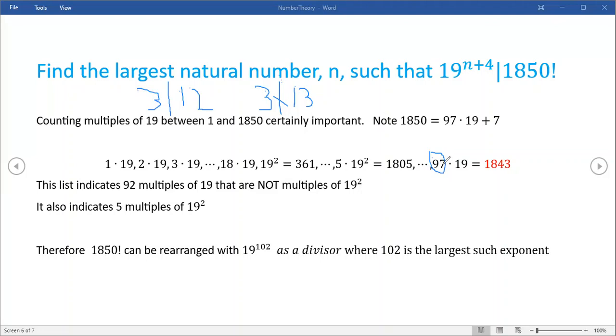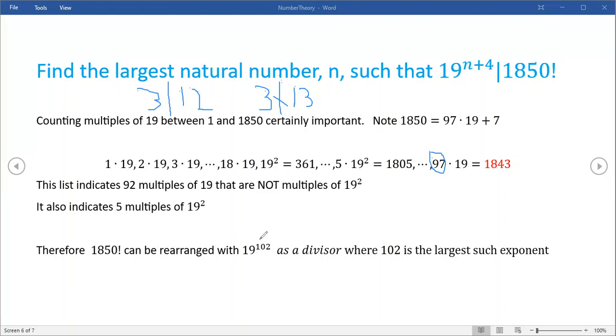You see, there are 97 multiples of 19 here, but 5 of them are multiples of 19 squared. Hopefully this is clear enough to get that across. Okay, so what that means is you have 92, and then you have 5 multiples of 2 copies of 19. So that's going to be 102 that you see right here.